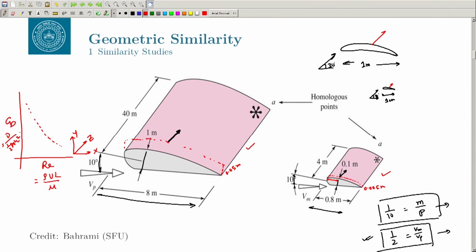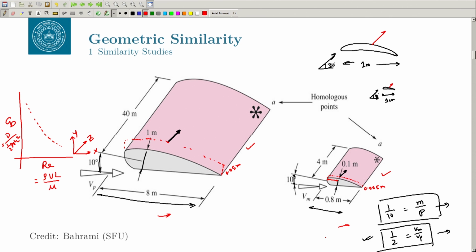So, you might ask the question: let us say in this model the length is small and here the length is higher, then how do we talk about the correspondence, because the density is different in the model, the velocity is different in the model, the viscosity is different in the model.